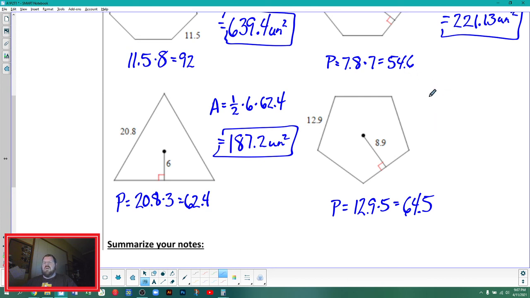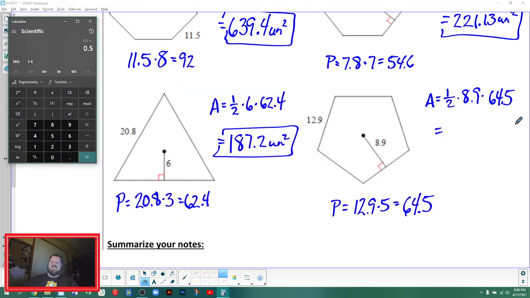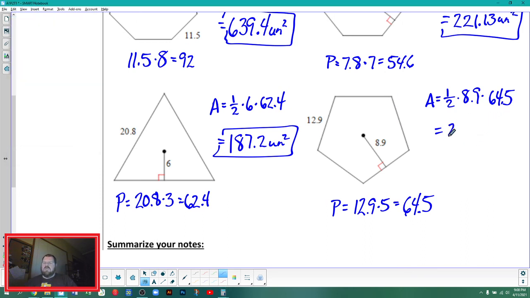Okay, so our area is going to be 1/2 times 8.9 times 64.5. And we get 287.025, and those will be units squared.